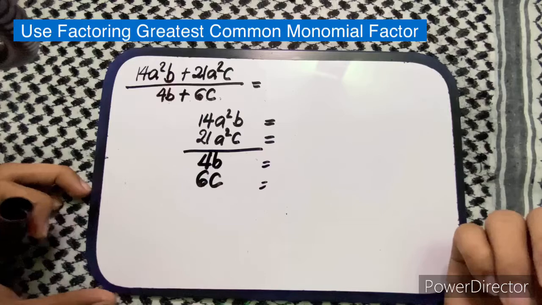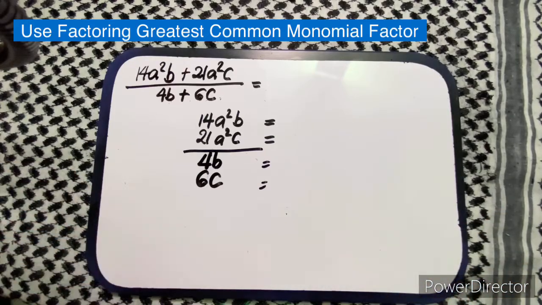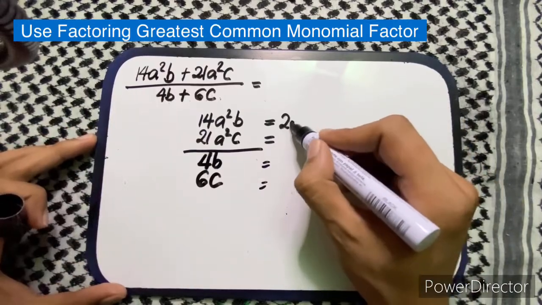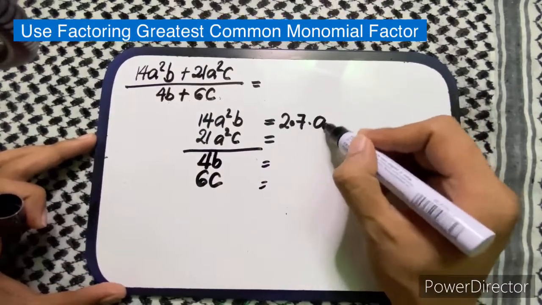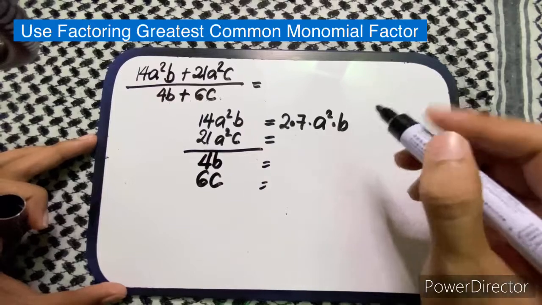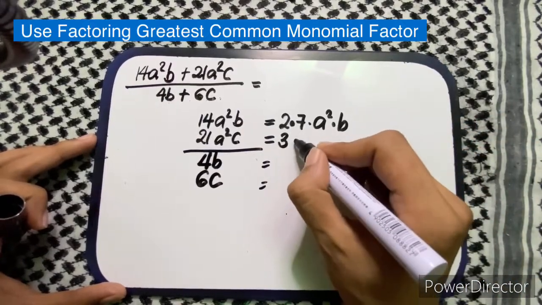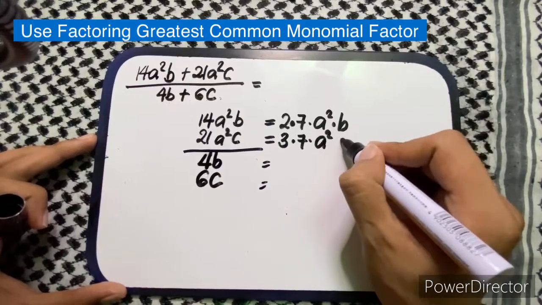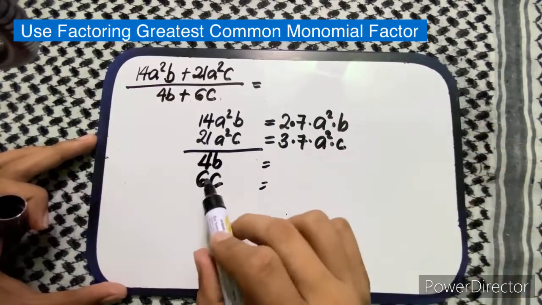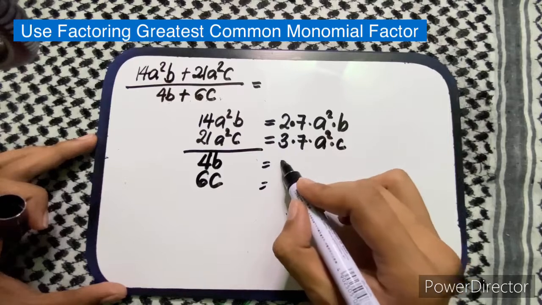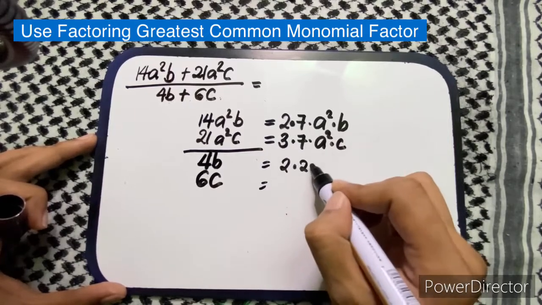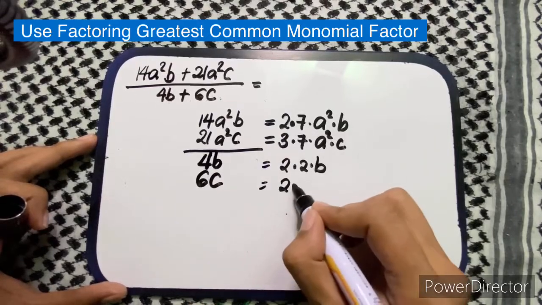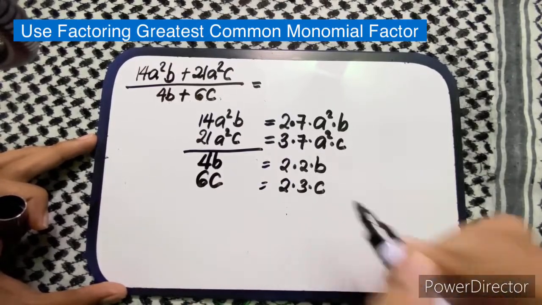I just show you how to do this step by step. 14a squared b is 2 times 7 times a squared times b, right? Then 21a squared c is 3 times 7 times a squared times c. In the denominator, 4b is 2 times 2 times b. Here we have 2 times 3 times c.